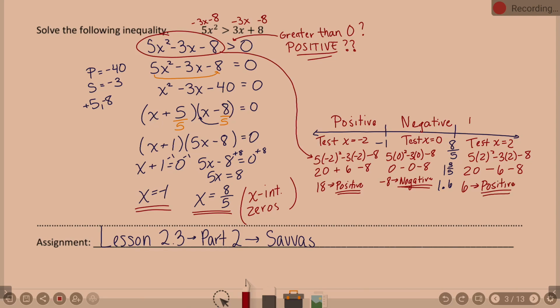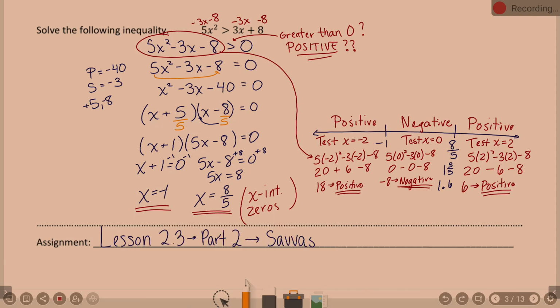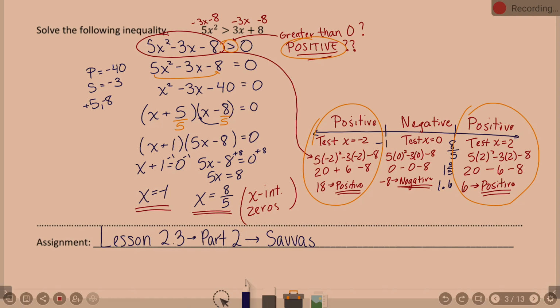Now, what was our question asking? To solve. Where is it greater than 0? We wanted to know where we are positive, on those two outer pieces. So x is less than negative 1 or greater than 8/5.